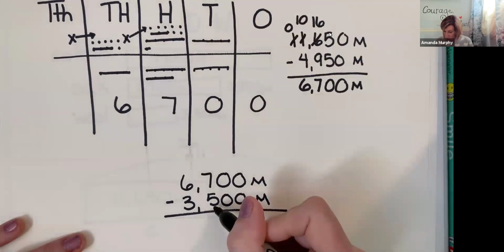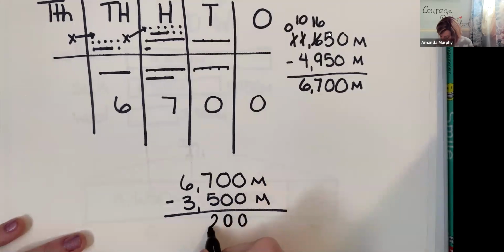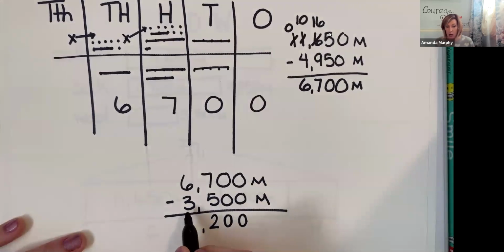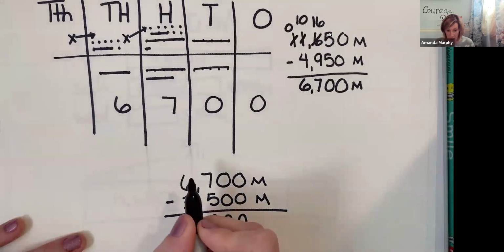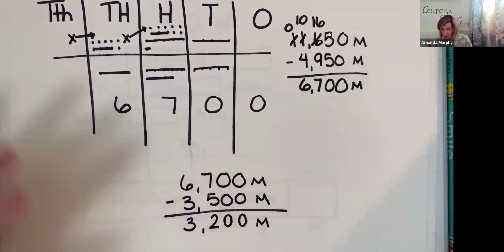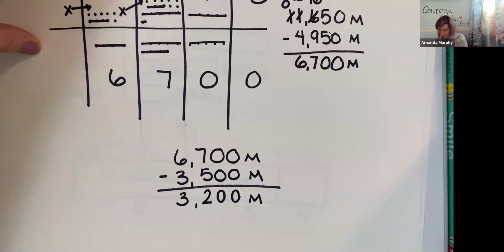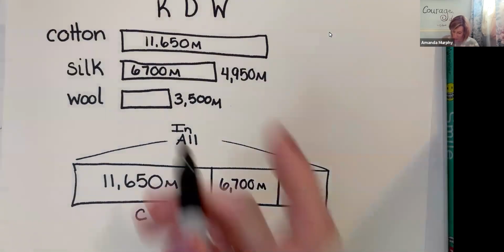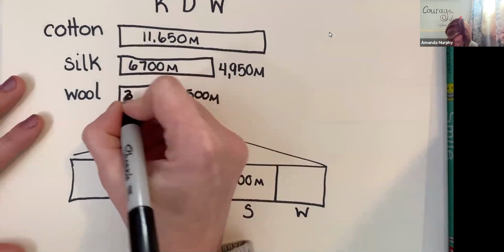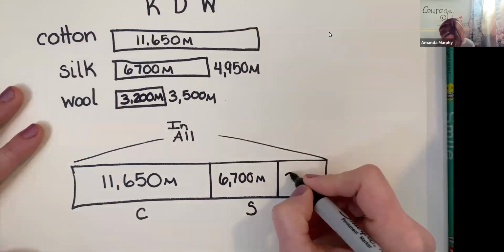I'm going to take 500s away from 700s, which is going to leave me 200. And I'm going to take 3,000 away from 6,000, leaving me 3,000. I now know that we have 3,200 meters of wool. I'm going to put that back into my drawing.